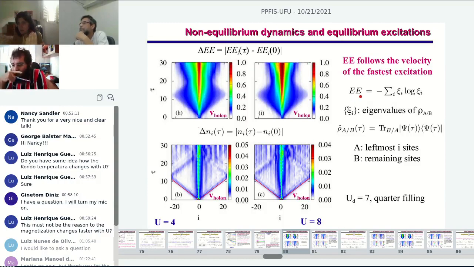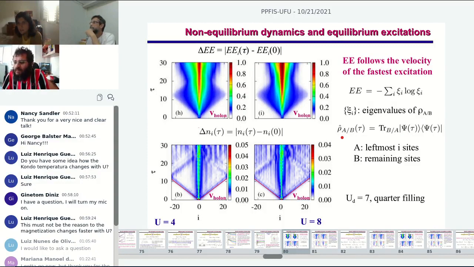It's defined by this expression here. I didn't explain it because of lack of time. This quantity here, I never remember the name of this Greek letter, are the eigenvalues of the reduced density matrix. When we calculate this reduced density matrix, we are tracing out one of the parts.